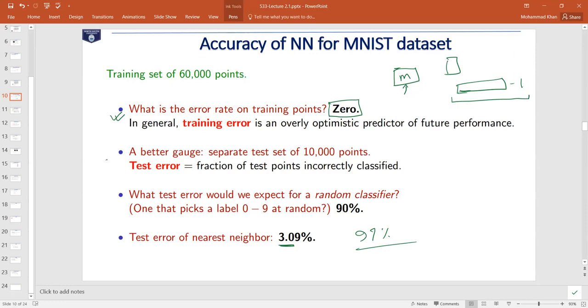But we get test error. When you use a test set, here we use our test set of 10,000 points, and for those test examples, we are getting 97% accuracy. That means almost 3% error. But it is not really a bad result.